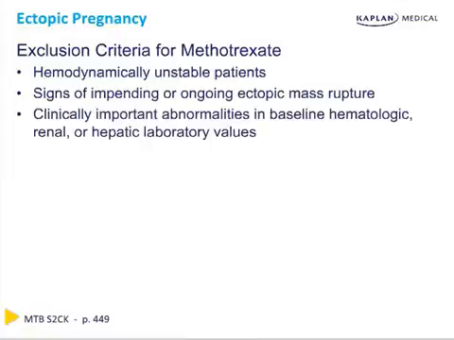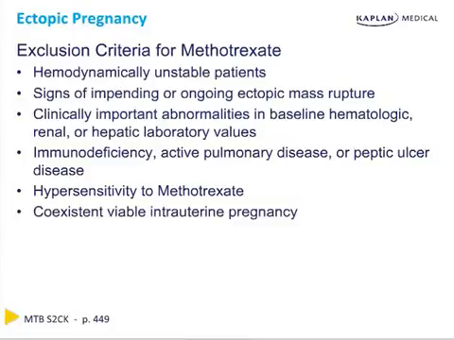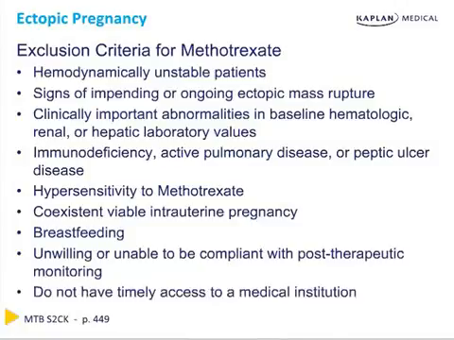Clinically important abnormalities in baseline hematologic values, renal or hepatic laboratory value abnormalities, immunodeficiency, active pulmonary disease, peptic ulcer disease, hypersensitivity to methotrexate, a coexisting viable intrauterine pregnancy, breastfeeding, patients being unwilling or unable to be compliant with the post-therapeutic monitoring, or patients that don't have timely access to a medical institution.